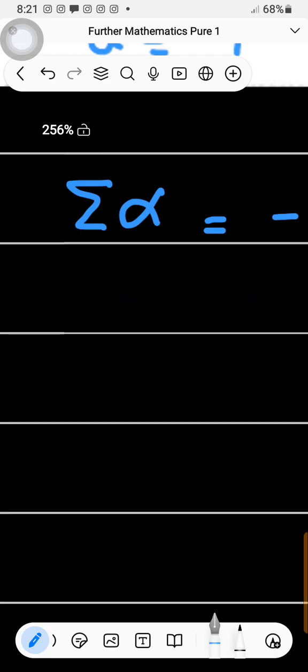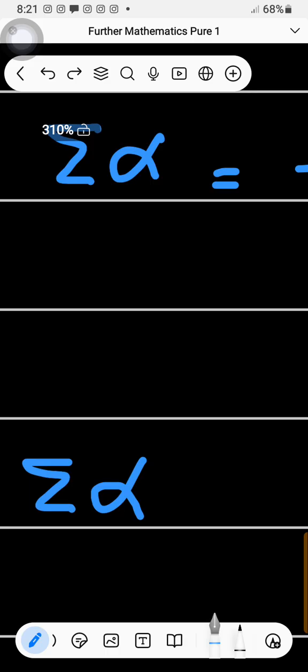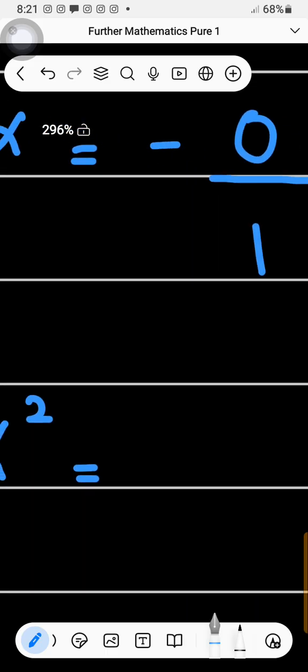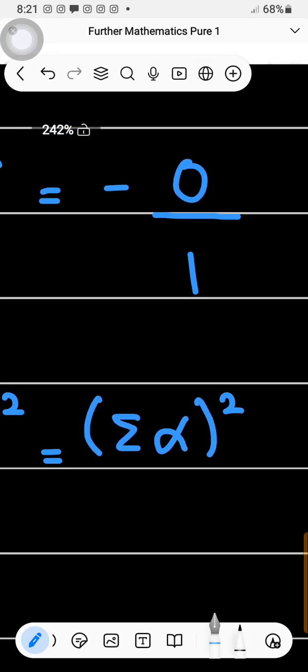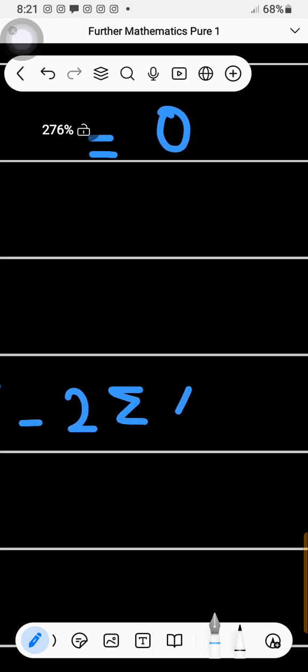And the other formula is sum of alpha beta. No, sorry. It is asking for sum of alpha square, whose formula I will write: sum of alpha whole square minus 2 sum of alpha beta.